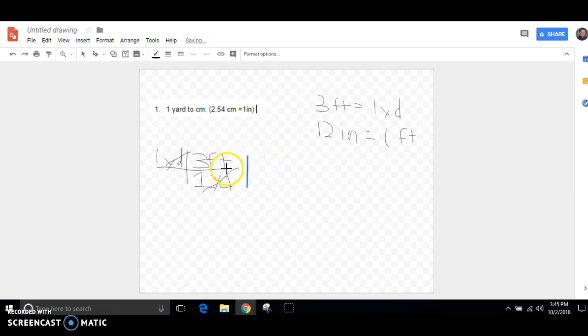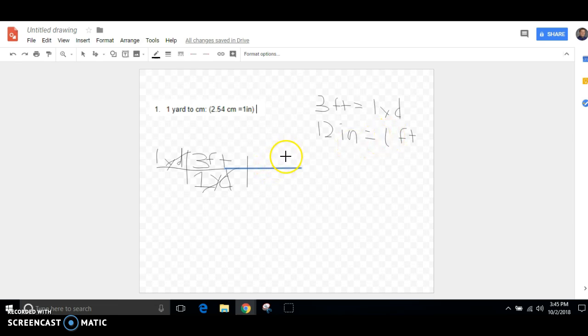Okay, well, if I draw another little conversion box here, I'm in yards, but I need to go all the way over here to centimeters. Well, it looks like I have feet, and I know there is 12 inches in 1 foot here.